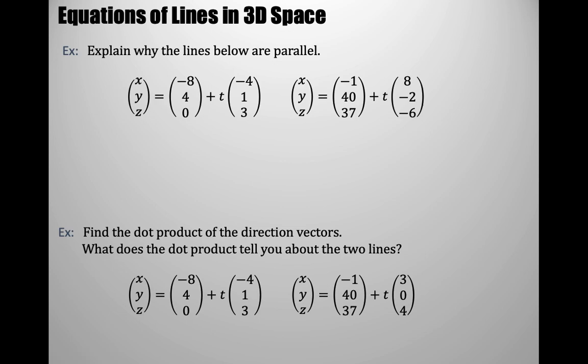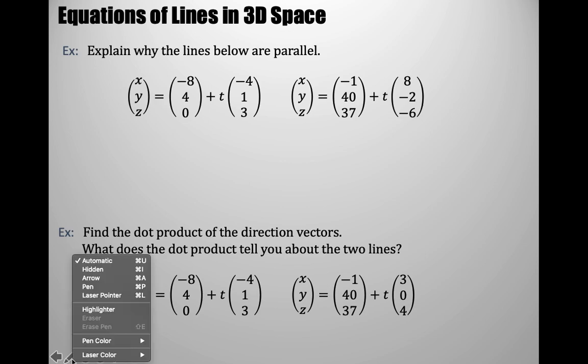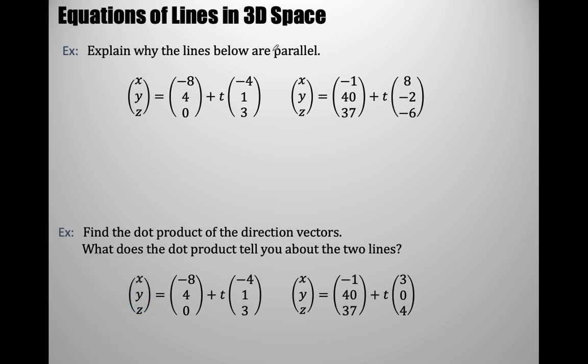All right, how about these two problems? Explain why the lines below are parallel. Now again, mostly I just wanted to do this example because you've answered this already. Hopefully you understand what you want to look at. I just wanted to present the equations in another format.